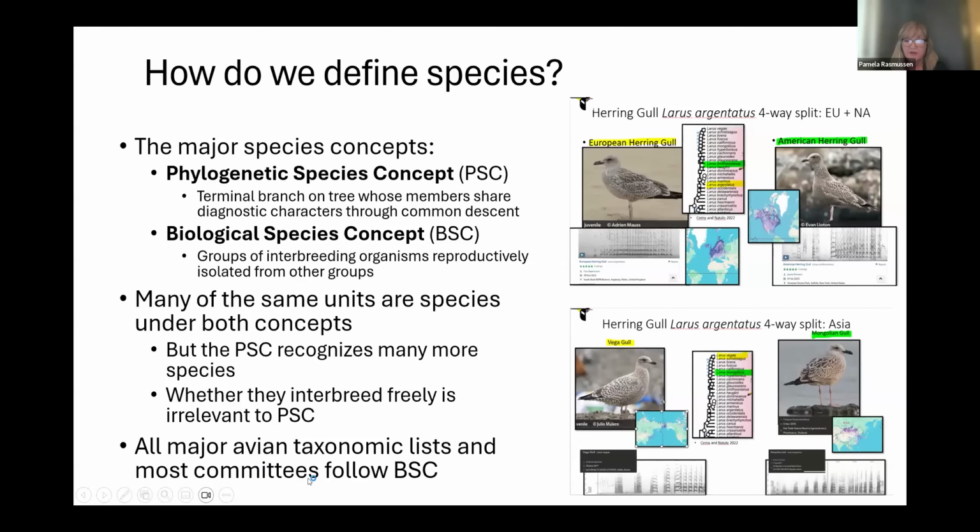There are some regional committees that do follow the PSC. Here's an example of a recent four-way split that probably affects many of your life lists, that would probably be the same whether you're using a BSC or a PSC framework, but there are many others that would not be the case for.